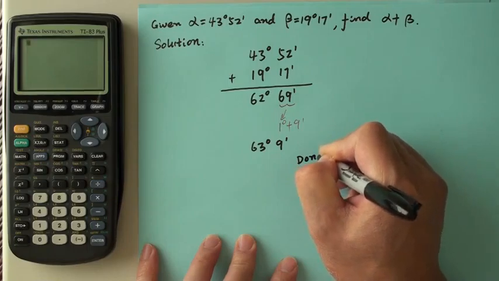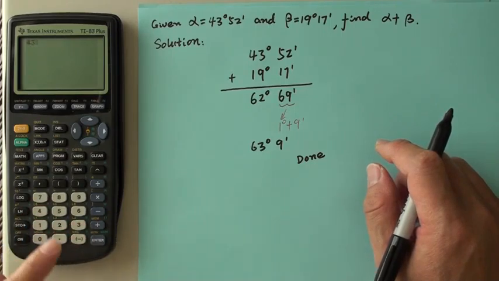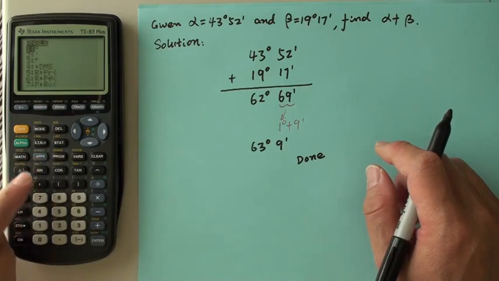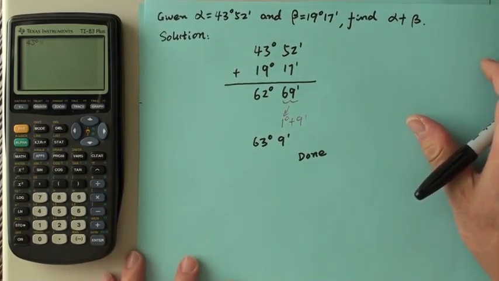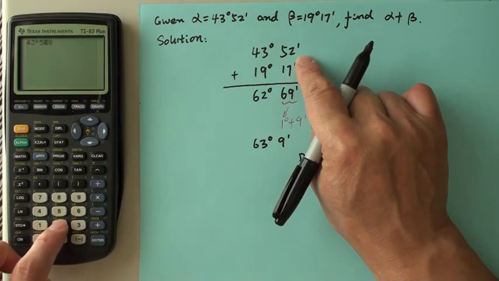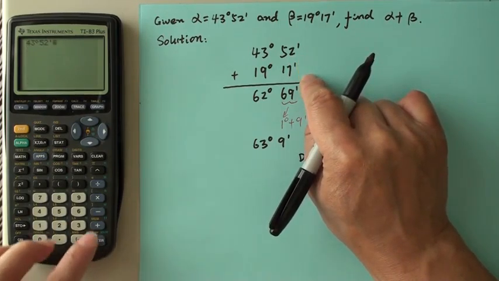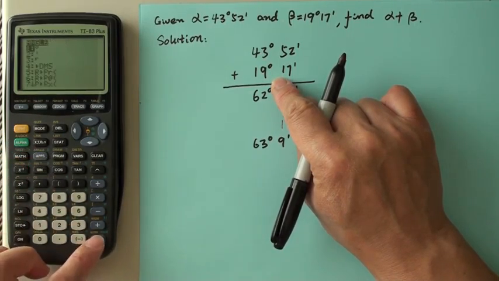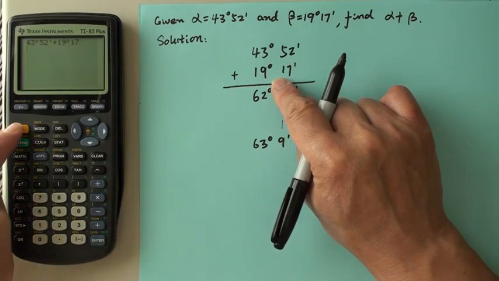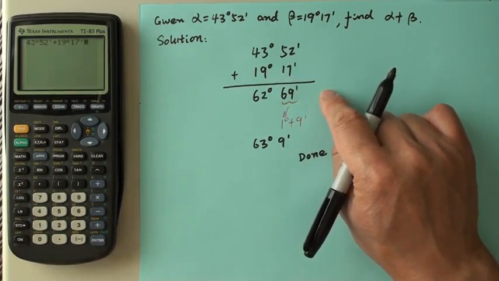Someone may try to use the calculator, so that would be 43, the angle key for degrees, then 52, the angle key for minutes, plus 19 degrees, 17 minutes, and then you add.